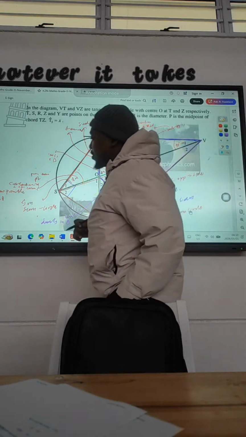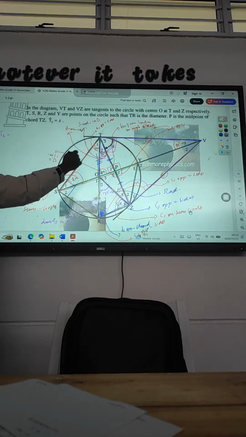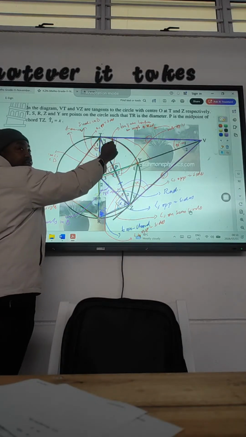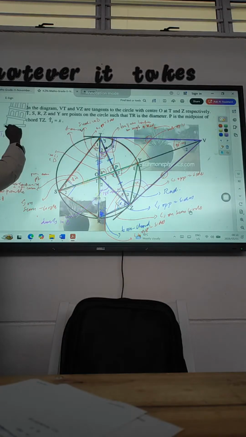All right. Look at this. Angle T2 plus angle T3 is this angle, tangent and the radius, which is 90 degrees. Right? What is our reason then? It is a tangent and a radius.